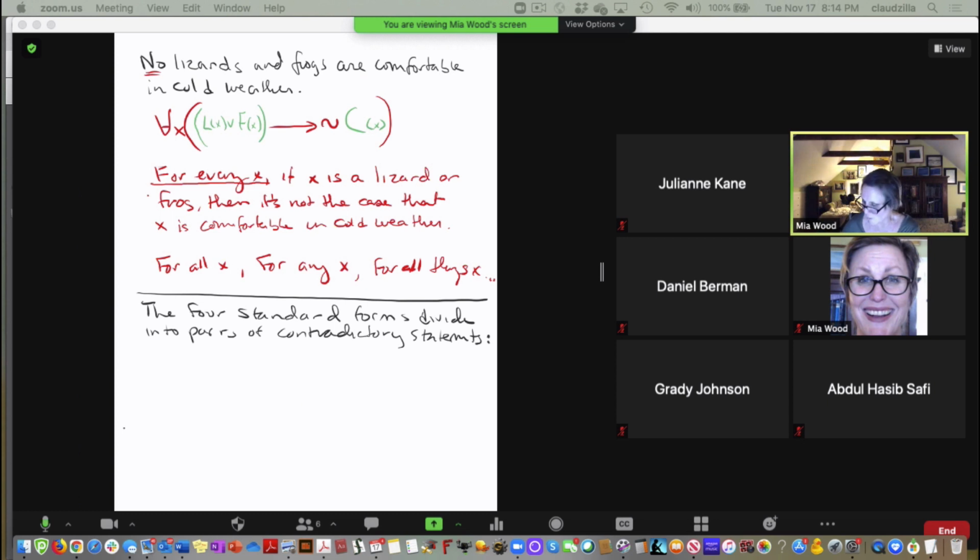So I'll write out what I mean by that, and then we'll go to the next page. So all SRP, right? So we have universal SP, but we also have universal P, right?